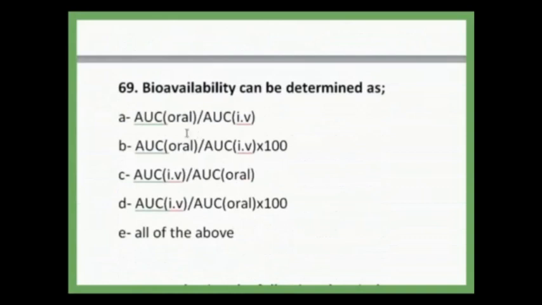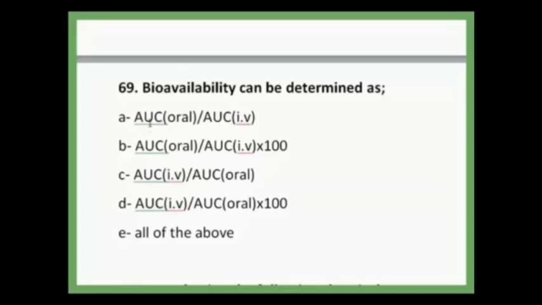Now the 9th MCQ, bioavailability can be determined as, it is actually the formula for bioavailability. If you know that, then you will immediately answer this question. So options are there: area under the curve AUC oral divided by area under the curve IV.